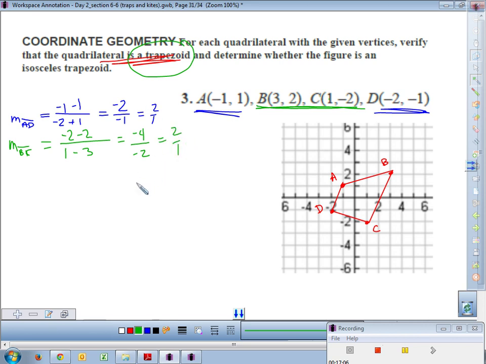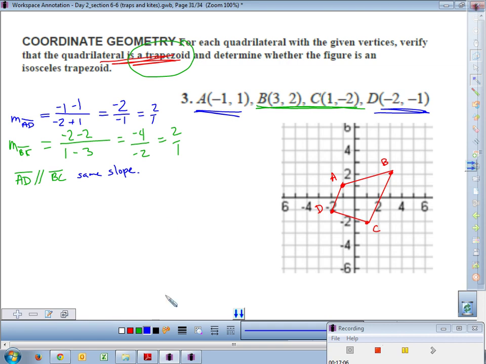So I got the same slope. That means that segment AD is parallel to segment BC. And then we need to explain why, and we can just do that in 2 words because they had the same slope. Boom. So verify it's a trapezoid. Done, because we got at least one set of parallel sides.